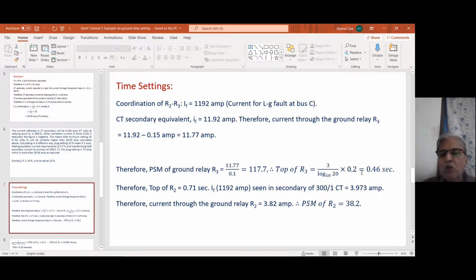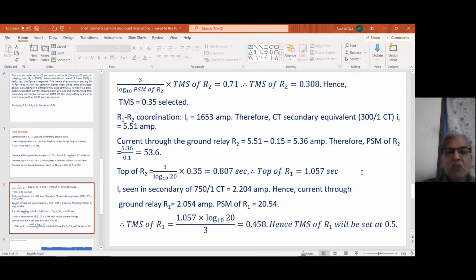And PSM of R2 is 3.82 upon 0.1, once again because R2 is also 10%. So PSM of R2 is 38.2. So 3 upon log 38. But I cannot take log 38.2. I have to take only log 20. So 3 upon log 10, 20. PSM of log 10, 20 only I have to take.